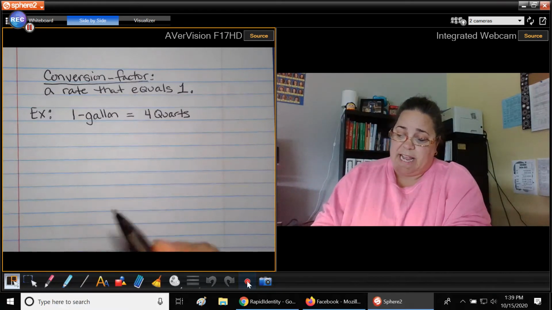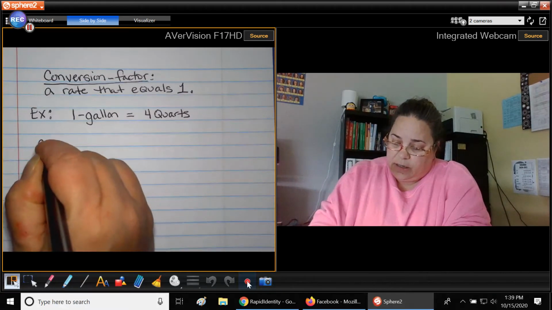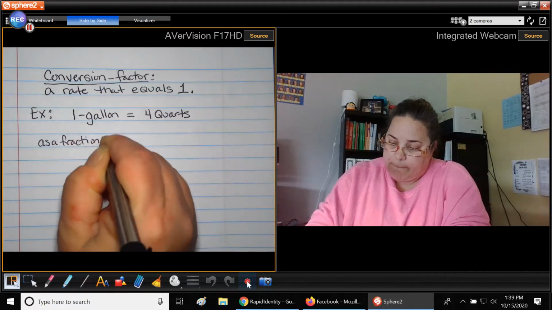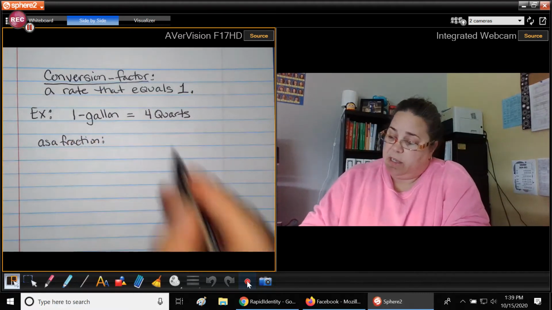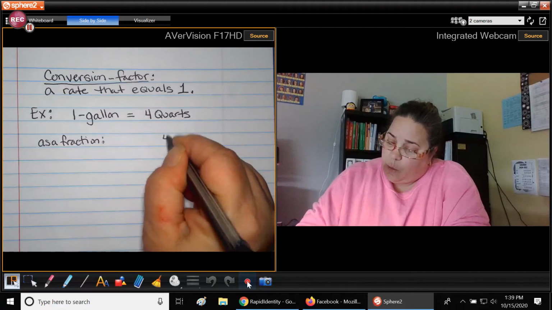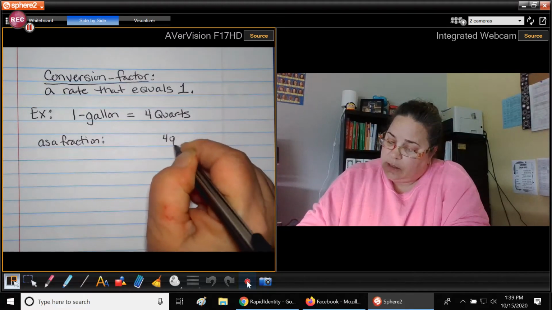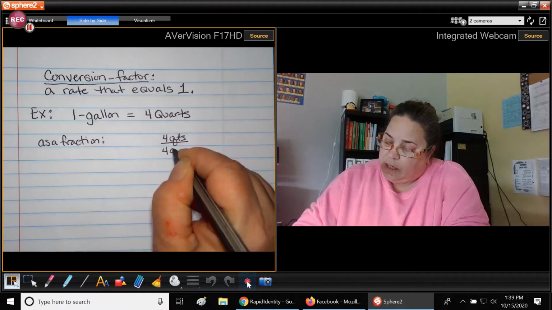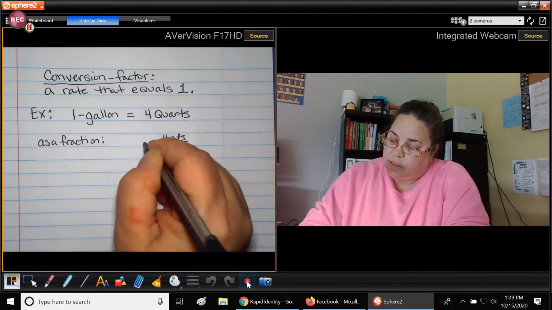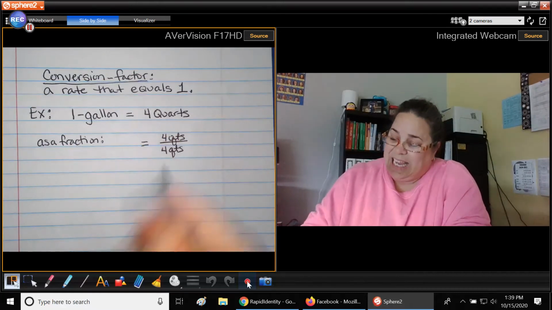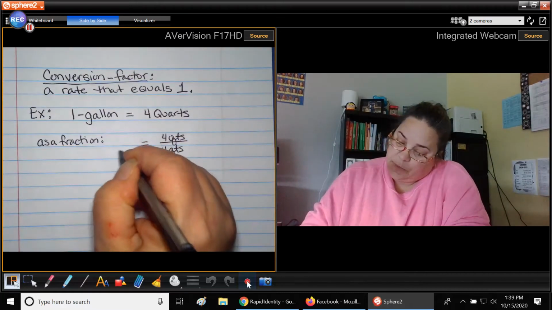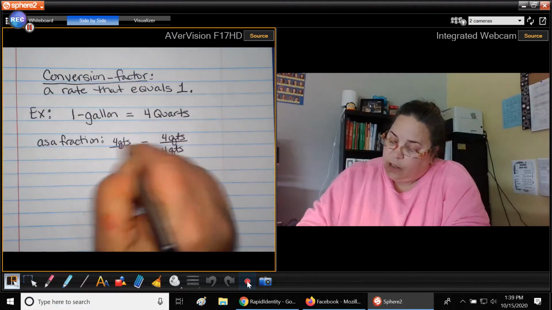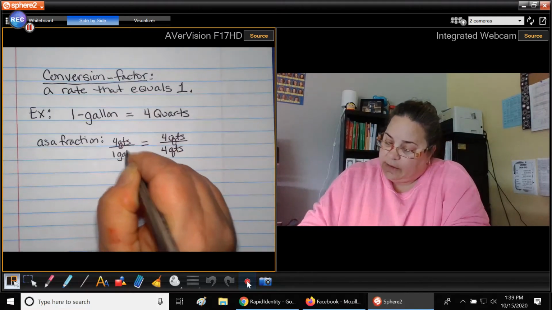So to write it as a fraction, it would be 4 quarts equals 4 quarts over 4 quarts equals 4 quarts to 1 gallon.